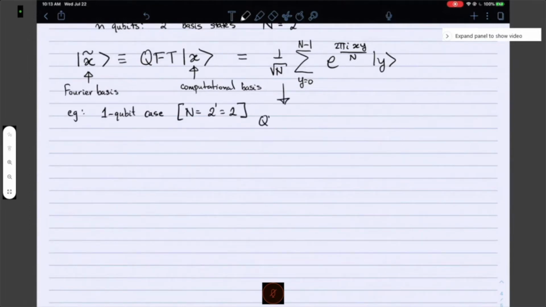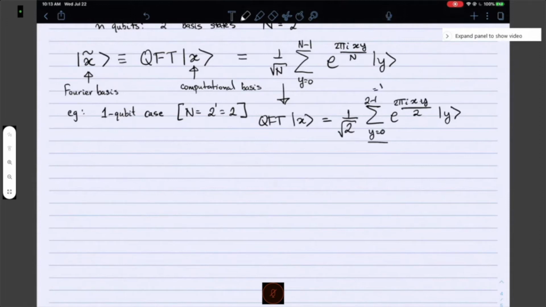QFT of x is 1 over square root of 2, sum from y equals 0 to 2 minus 1, e to the 2 pi i x times y over 2, with a y here. Okay, sounds good. It looks like we have a sum going from 0 to 2 minus 1, which is 1.